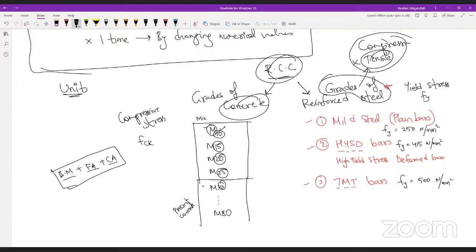So what exactly is the mix for M10? The mix for M10 is 1 part of binding material, which is cement, to 3 parts of fine aggregate, to 6 parts of coarse aggregate.